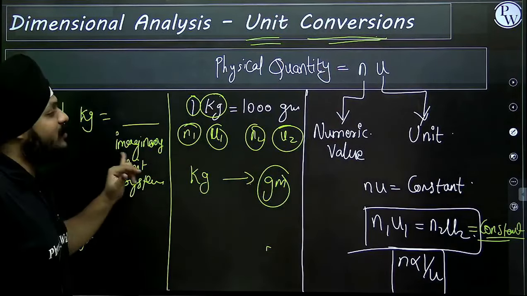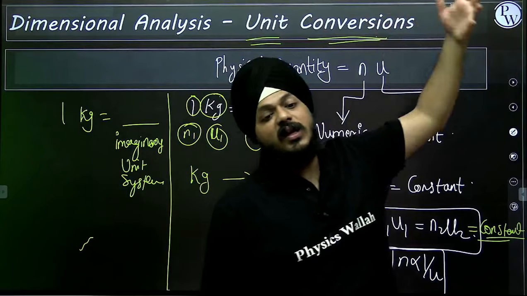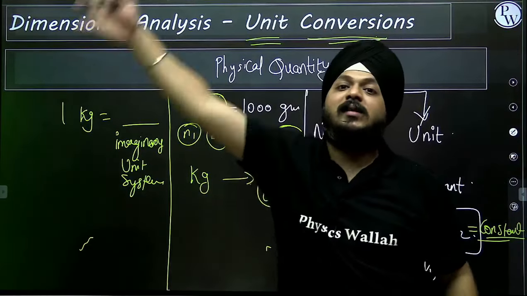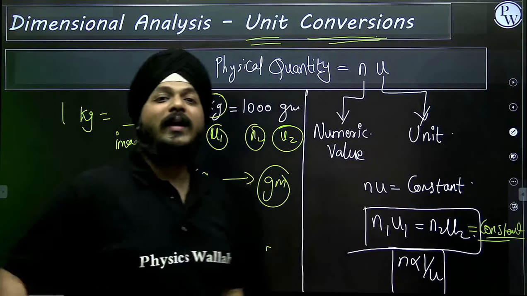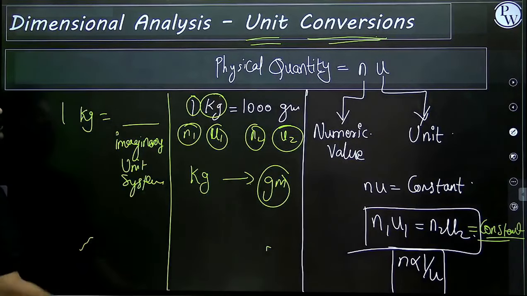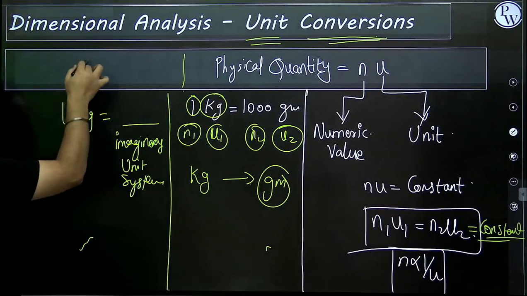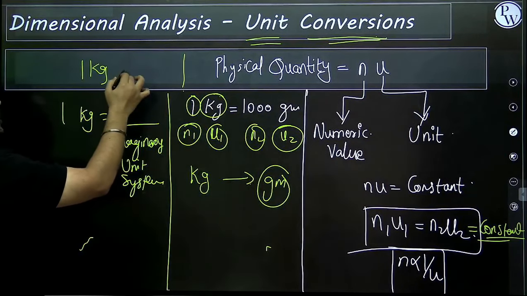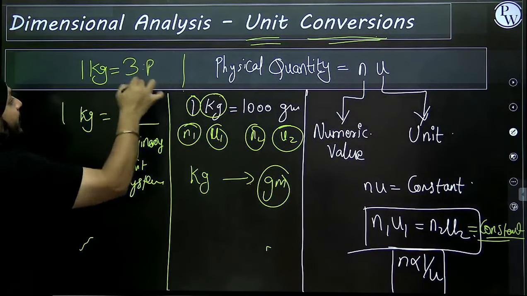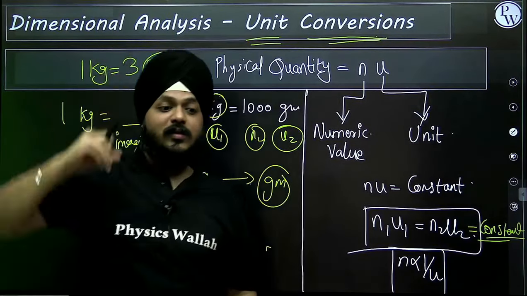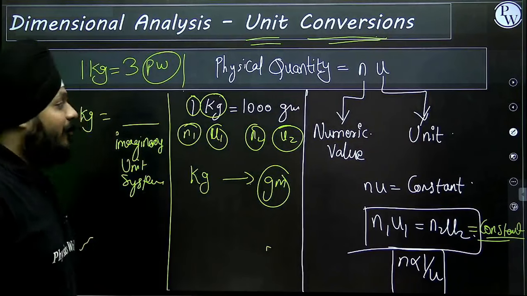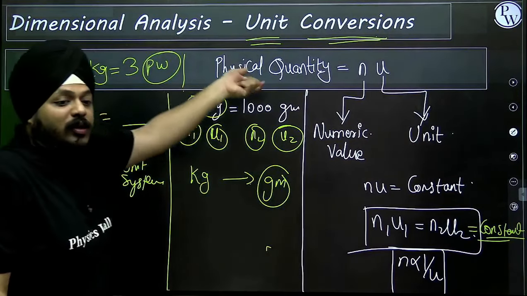Suppose here it is 1 kg. I am creating an imaginary unit system where 1 kg is thrice, and I can suppose that imaginary system is PW. So I can write 1 kg is equal to 3 PW. PW is a new unit of an imaginary unit system, where 1 kg is equivalent to 3 PW.